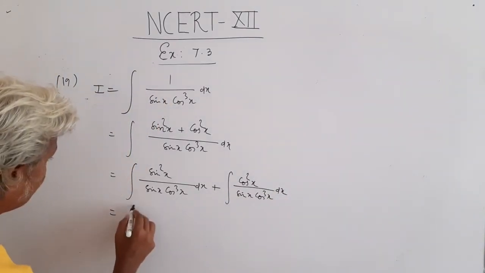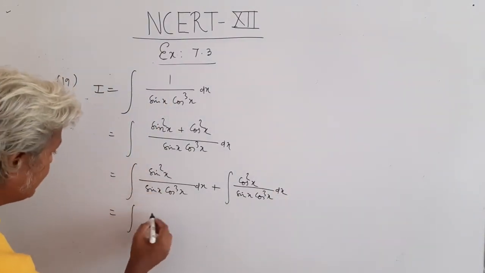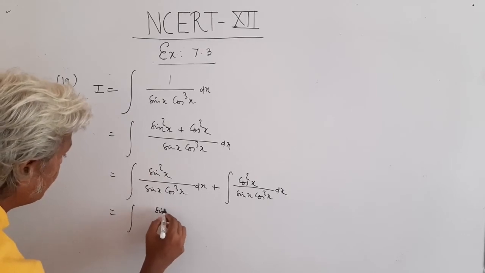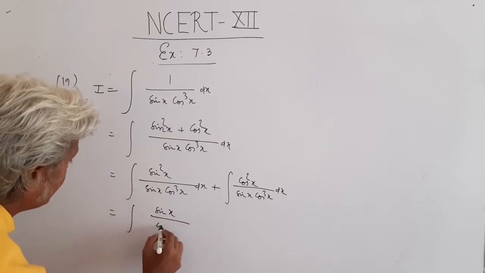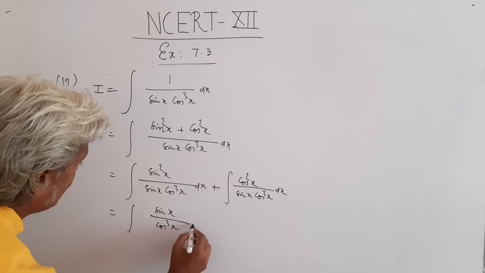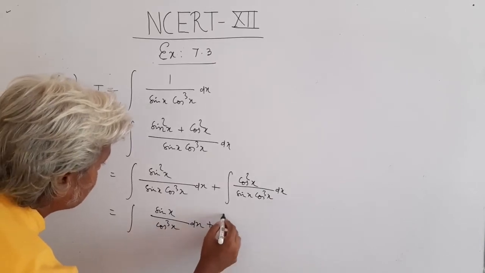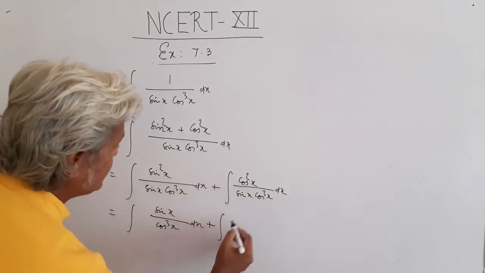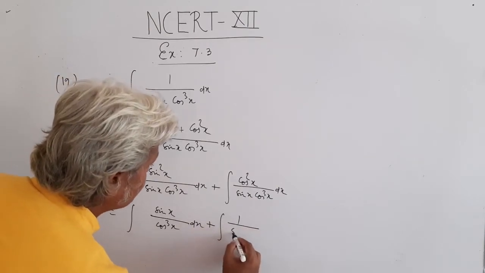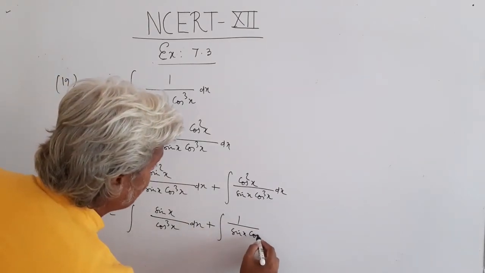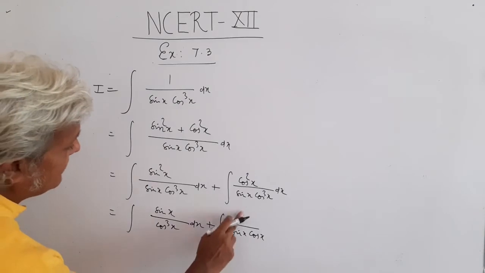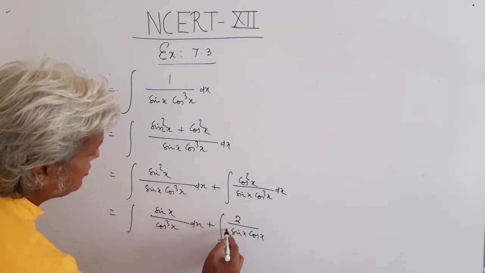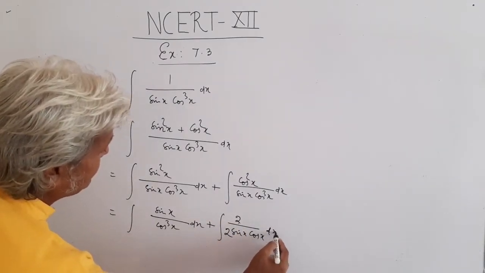So one more step further, one sin gets cancelled with one sin. I get sin x over cos cube x dx plus integration, cos cancelled, 1 over sin x cos x. Then here I can write this 1 as 2, and write 2 there also, and this will become easier.